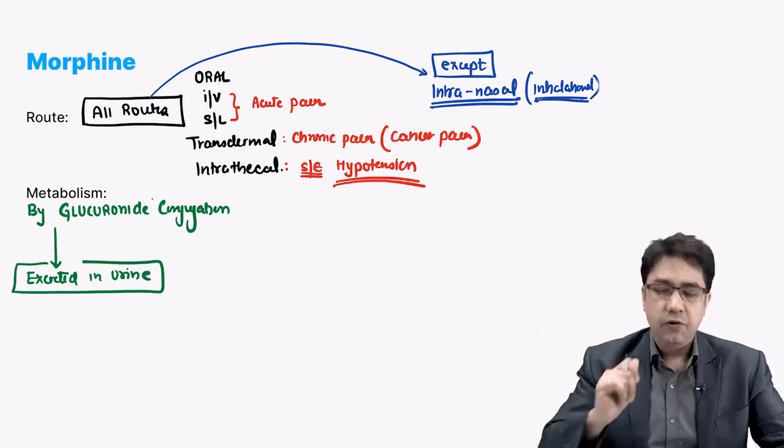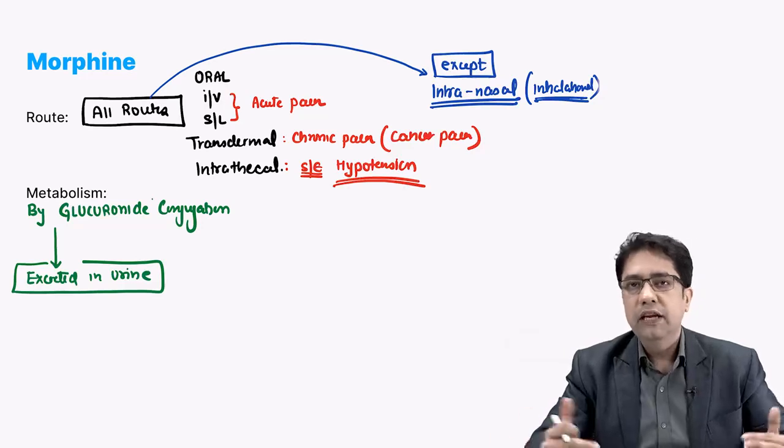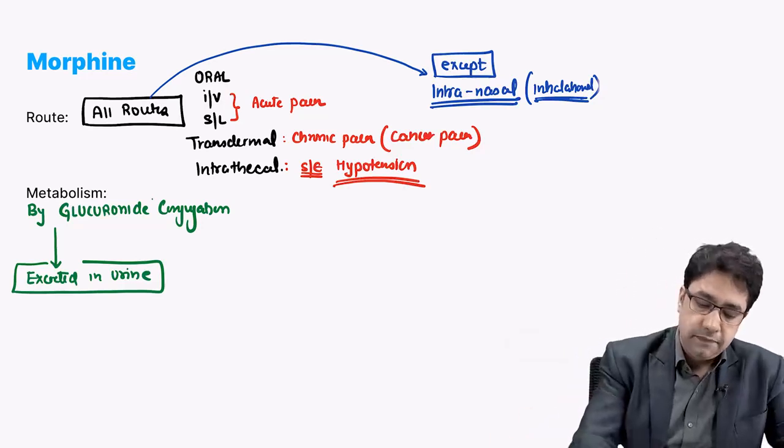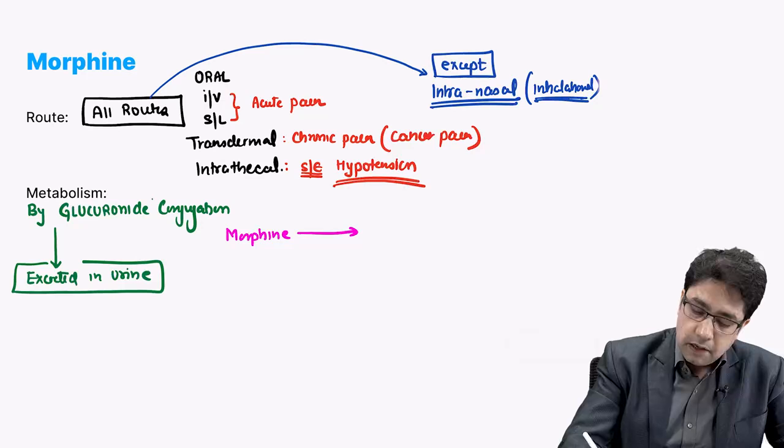So let's see the first point. What are the products which are produced when morphine is attached with glucuronide? When morphine is attached with glucuronide, the first product which is produced is morphine 6-glucuronide.